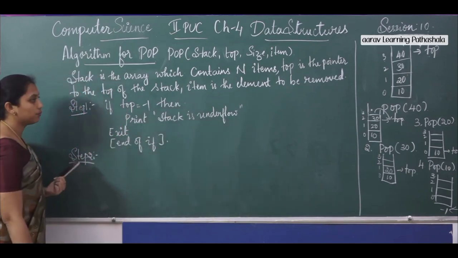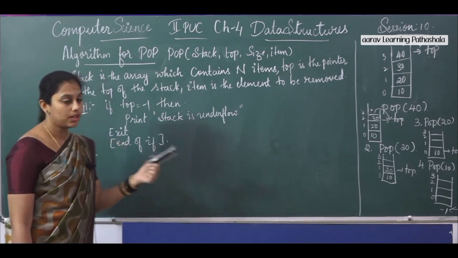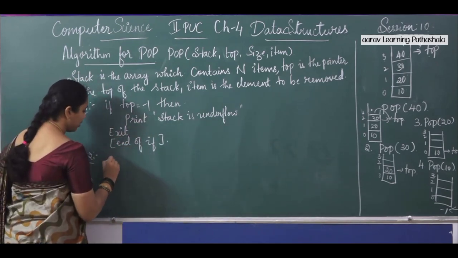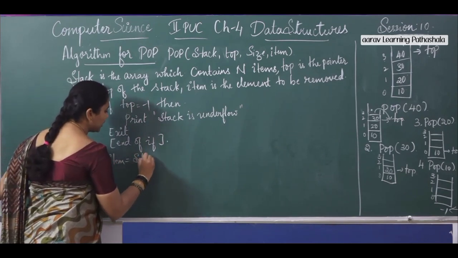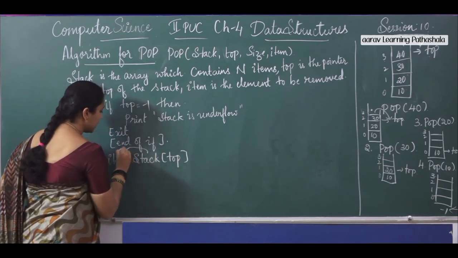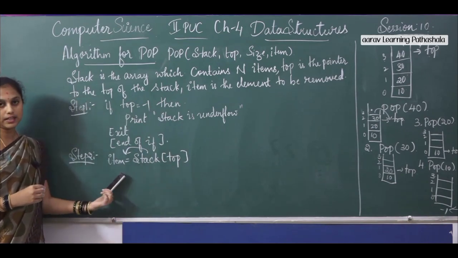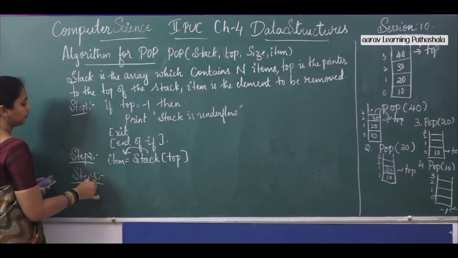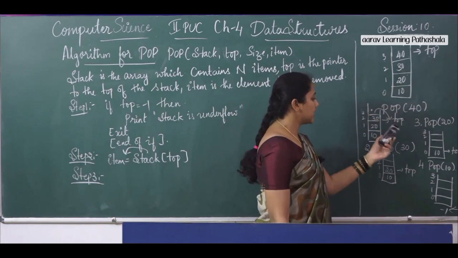So what we have to do? We have to remove an item from the top of the stack. The top element of the stack is removed. After removing an item from the stack, top gets decremented.